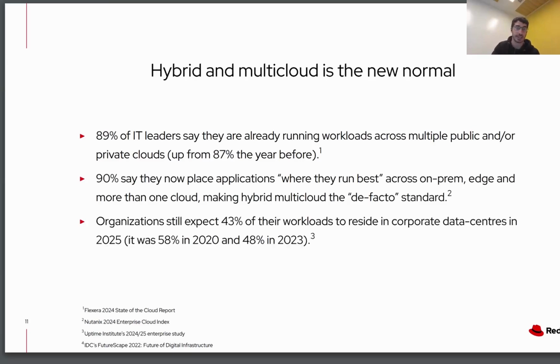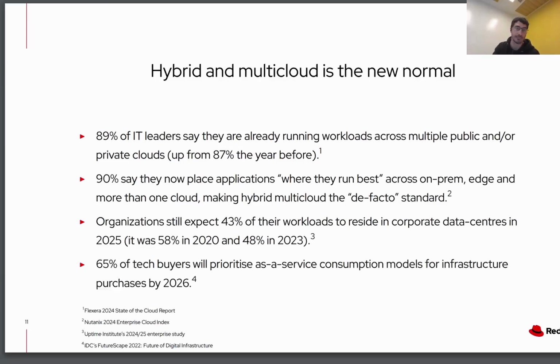And also, there is an expectation that still 43% of the workloads will be on-prem. And 65% of buyers prioritize software, or better, things as a service. Those can be software or other kinds of things, as long as they are as a service, basically.